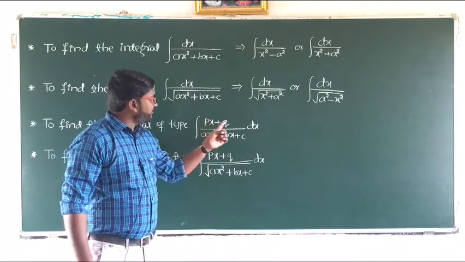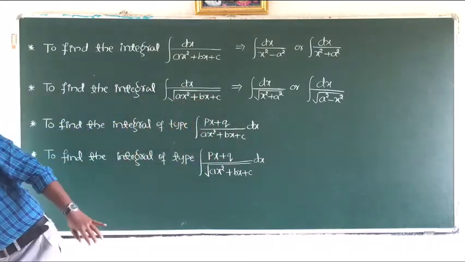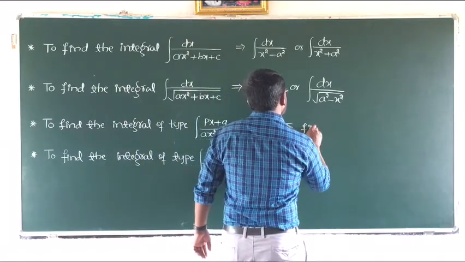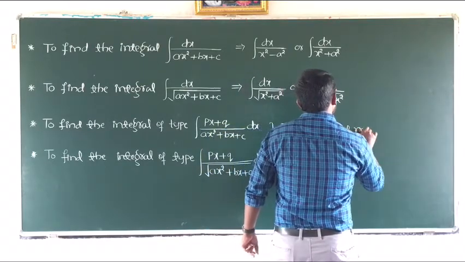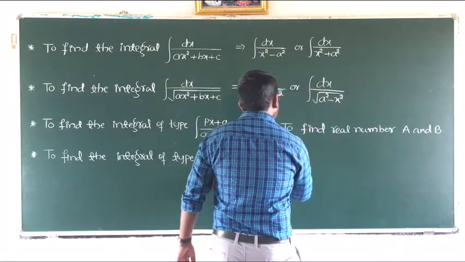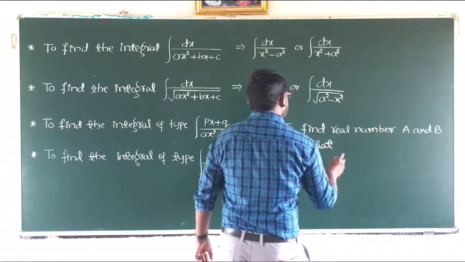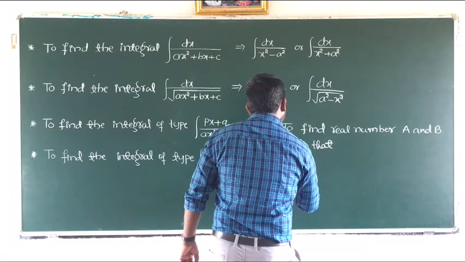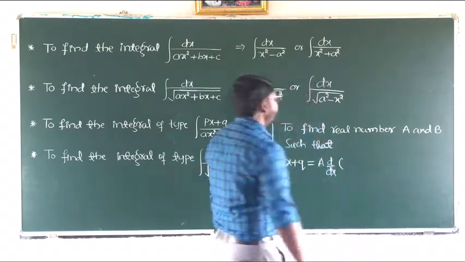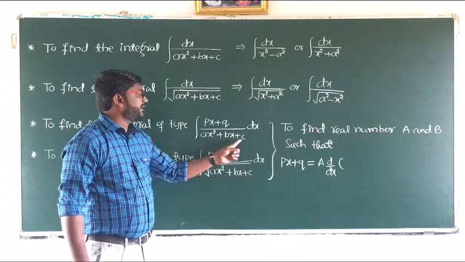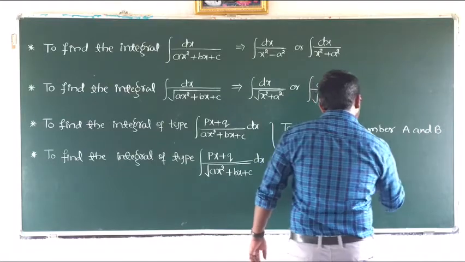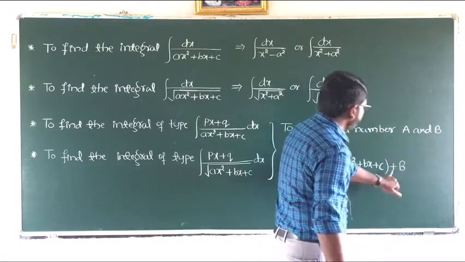So here p, q, a, b, c are all constants, and we have to find real numbers A and B such that px plus q equals A into d by dx of the quadratic polynomial ax square plus bx plus c, plus the capital B. So here A and B are real numbers.